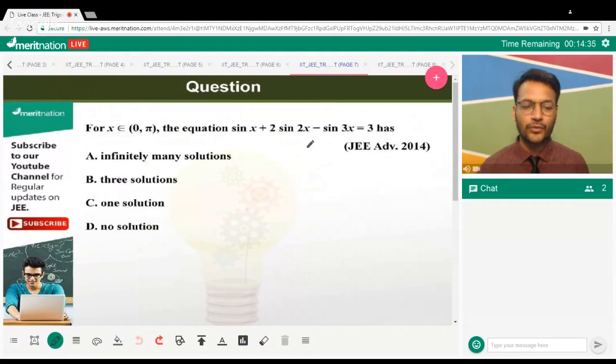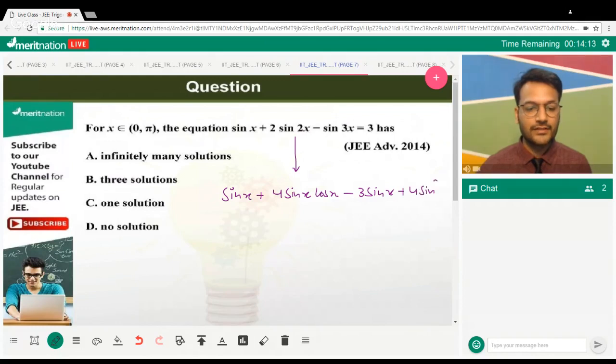And over here, again, we can convert everything into one trigonometric ratio. Let's say sine, convert everything into sine and see what the outcome is. It'll be sine x plus this can be written as 4 sine x cos x, and this can be written as 3 sine x minus 4 sine cube x. There is a minus sign, so that will travel inside, minus 3.